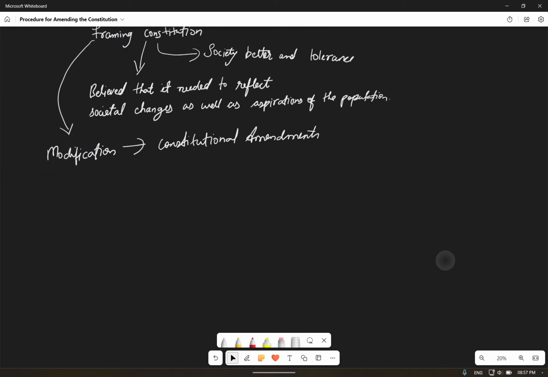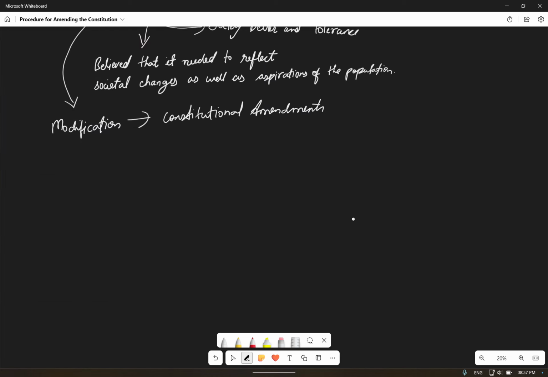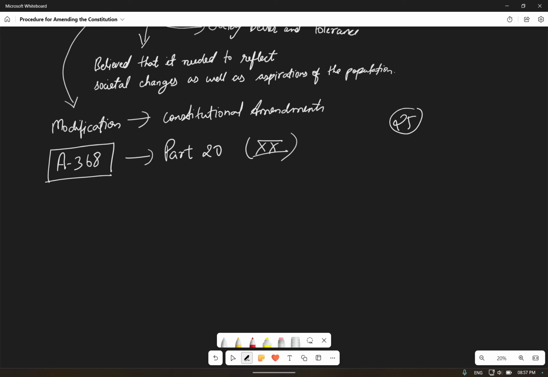So there is an article 368, which is under part 20. In Roman numerals we write it like this. Part 20 of the Indian Constitution; total how many parts do we have in the Indian Constitution? Total 25 parts.